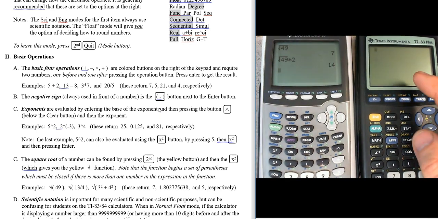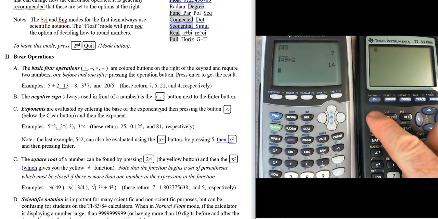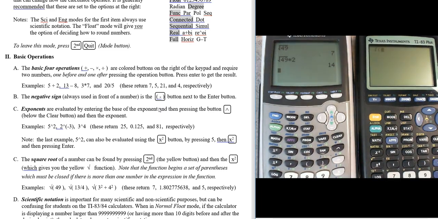Now if you have the 83 and you do square root, it automatically puts parentheses around it. So then you need to close the parentheses when you're done with what goes inside the square root, and then it'll calculate your answer, 7 in this case. Okay. Now, if you wanted to do square root of 49 times 2, same idea.